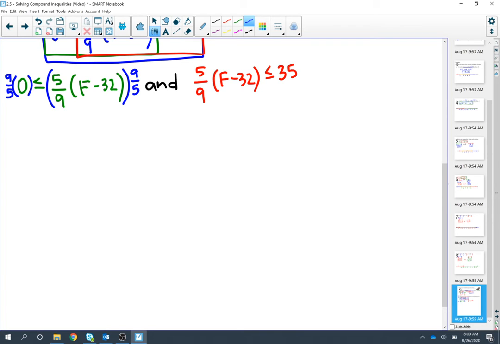And the answer to that is 0. So 0 is less than or equal. Now over here, the 5 in the numerator will cancel the 5 in the denominator, the 9 in the denominator will cancel the 9 in the numerator, and then we're just going to be left with this F minus 32. At this point, we can add 32.